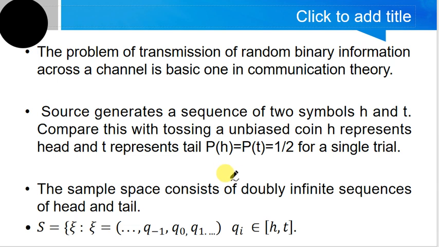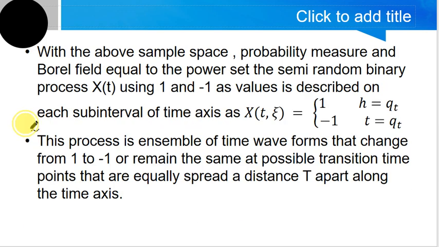The sample space now consists of doubly infinite sequences of heads and tails. This S is equal to the set of all eta, where eta equals q minus 1, q naught, q1, q2, etc., where qi belongs to the set {H, T}.